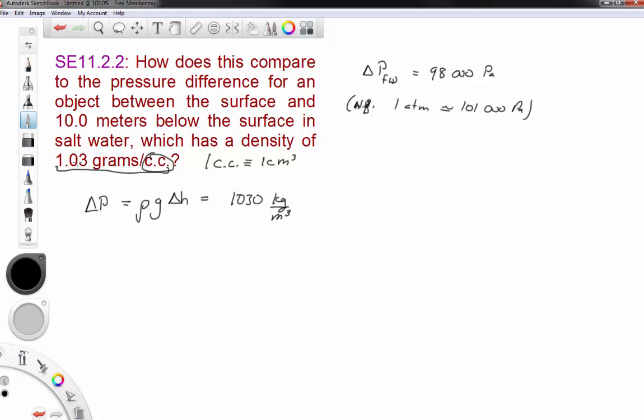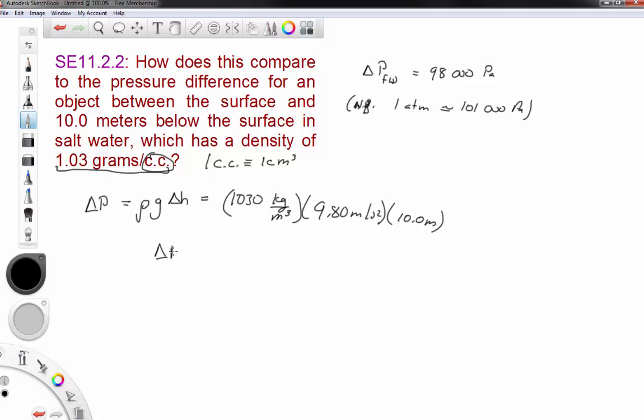So 1,030 kilograms per cubic meter is the same as 1.03 grams per cubic centimeter. So we multiply that by 9.8 meters per second squared. We multiply that by the depth, which was 10 meters.